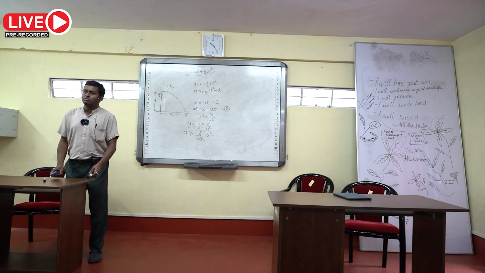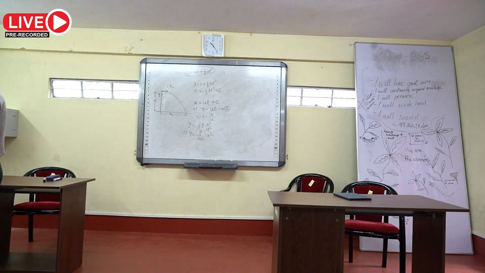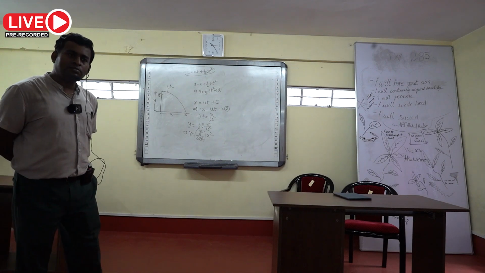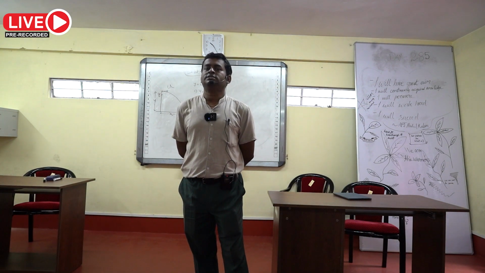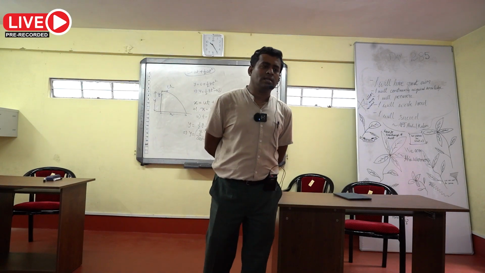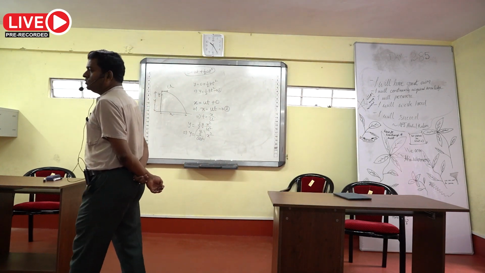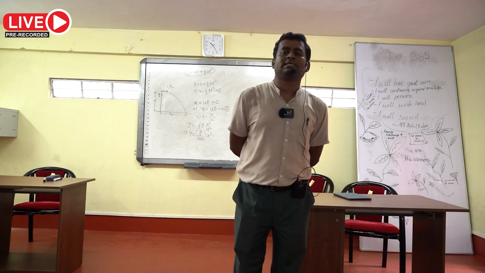So now write down one problem. From a tower of height 10 meter, a particle is thrown horizontally with velocity 3 meter per second.